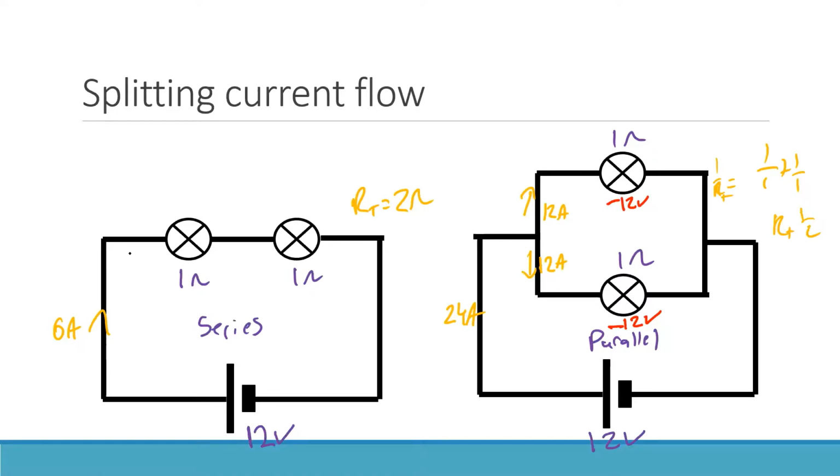Whereas here, the current doesn't split. I end up with 3 volts getting dropped here and 3 volts getting dropped here. And so therefore, we can now sort of say, well, which of these is going to be brighter? Which of these light bulbs is going to be brighter? The ones in the series or the ones in the parallel? What do you guys think? Which one do you think is going to be brighter?